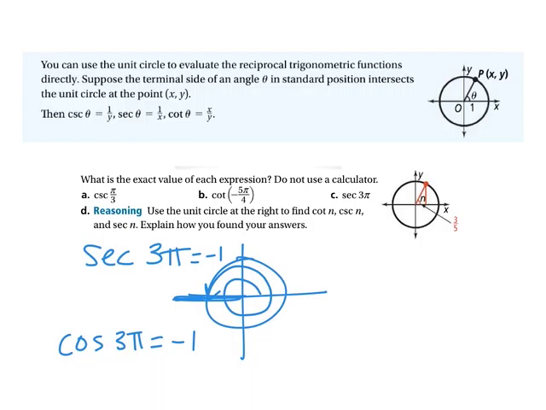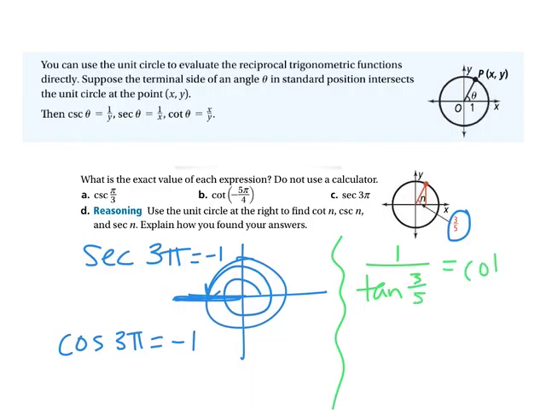All right, use the unit circle at the right to find cotangent n, cosecant n, and secant of n. So if 3/5 right here is the angle, all I can say about the cotangent of n is that it's going to be equal to, let's use green, 1 over the tangent of n, which in this case, it appears they're trying to say is 3/5.